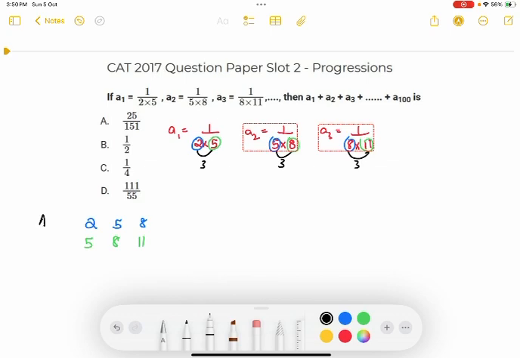These are also APs. This is arithmetic progression 1 and this is arithmetic progression 2. Like 2 plus 3 is 5, 5 plus 3 is 8, 8 plus 3 is 11. So this is the arithmetic progression going on.